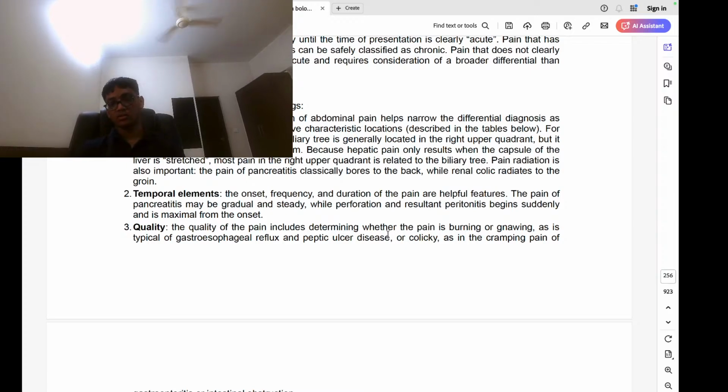Temporal elements, the onset, frequency, and duration of the pain, are helpful features. Pain of pancreatitis may be gradual and steady, while perforation and resultant peritonitis will be sudden and at maximum from the onset.